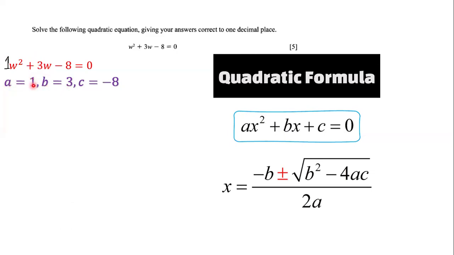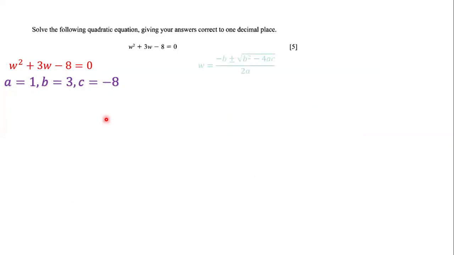So a is equal to 1 because 1 is in front of w squared. b is equal to 3 because 3 is in front of w, and c is equal to -8 because -8 is the constant. With those things in mind, let us substitute.